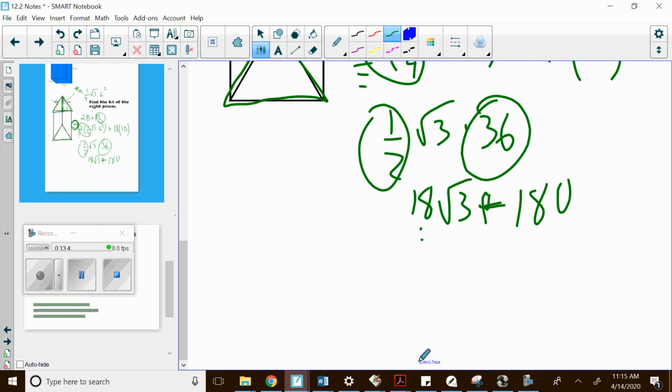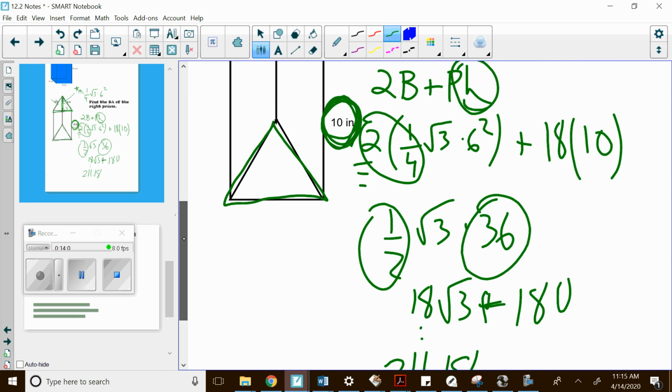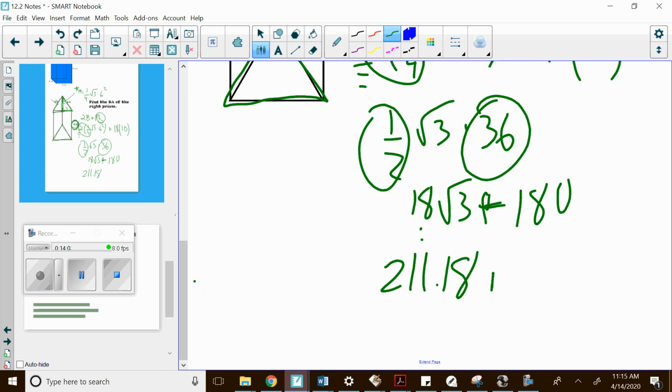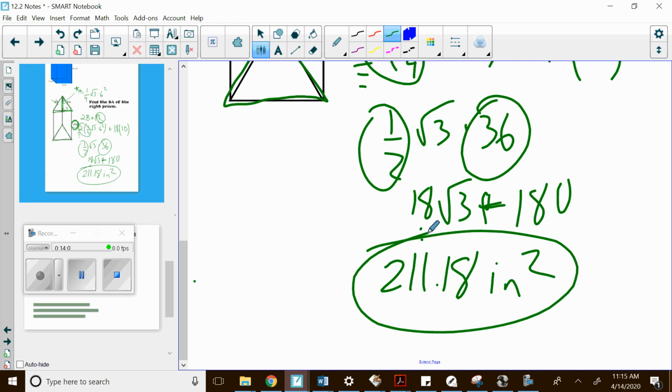And let's just plug that into our calculator now. 18 times the square root of 3 plus 180. And your final answer here for surface area of this prism is 211.18. And let's see, what were we in terms of units? Inches. So this is inches squared. Okay, that's surface area of a prism.